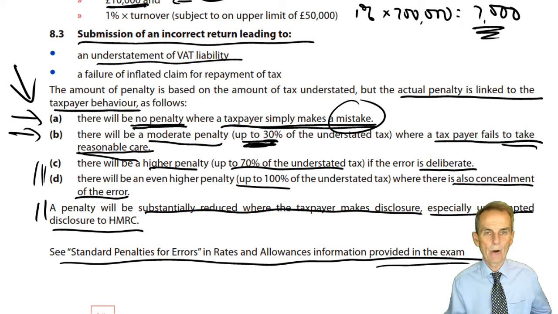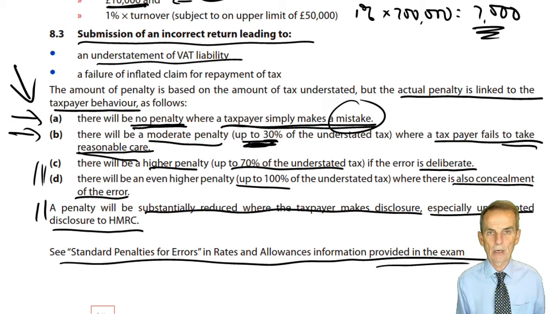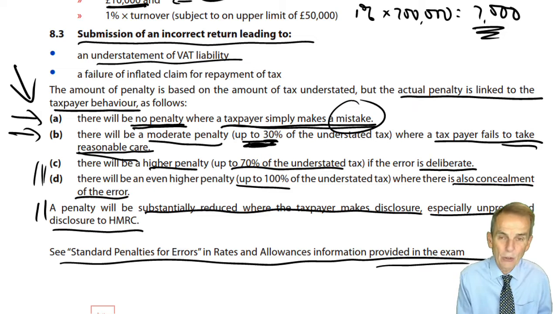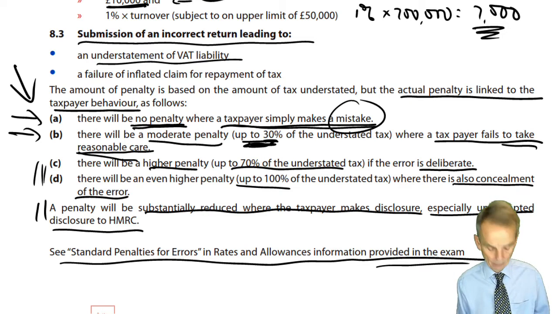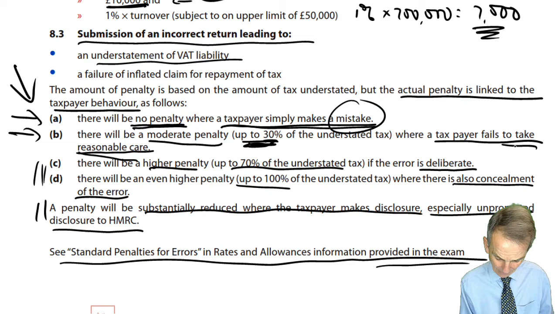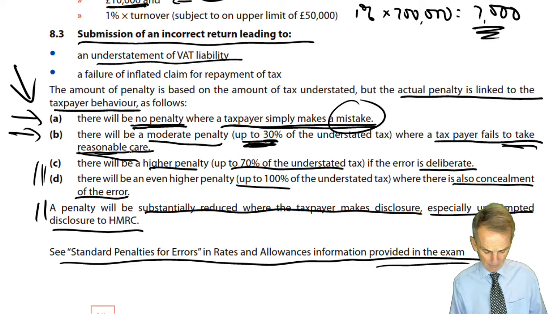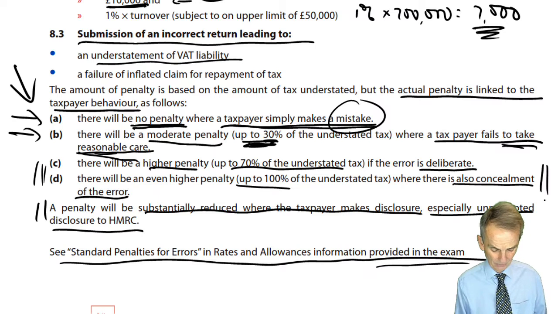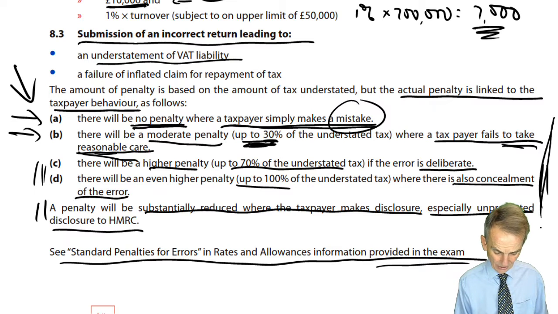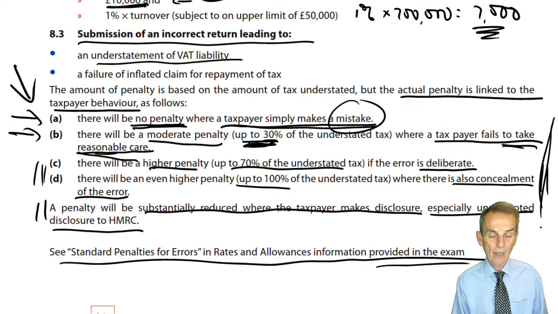We've taken care over what we tried to do in terms of the transactions, but we still made that mistake. Human error. But again, if the taxpayer fails to take reasonable care, then on that basis, maximum 30%. In this situation, we don't have to worry about memorising those numbers. Thankfully, that information is now provided to us. All we've got to know is how to use that information.